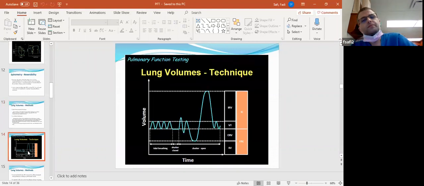Now, let me remind you of how you do the lung volume, and this is from your physiology book. I'll refresh your memory.